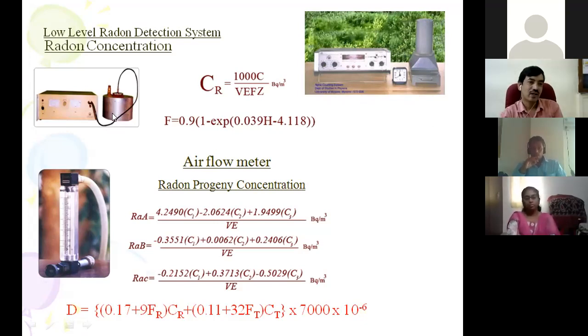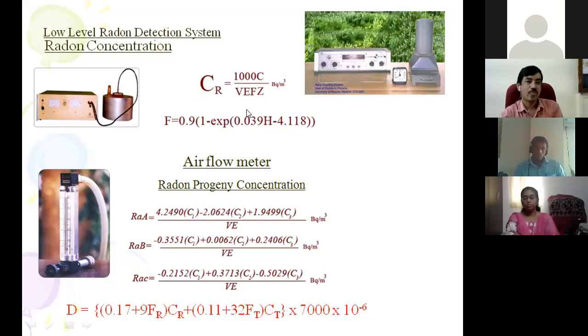These poloniums are charged particles sitting on this metallic plate. The plate is removed and counted for alpha activity, so indirectly we get the concentration of polonium on the metallic plate.